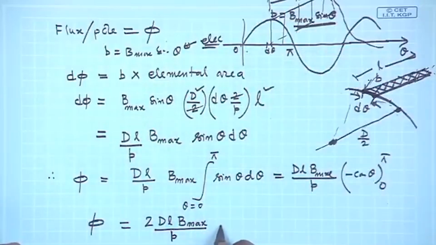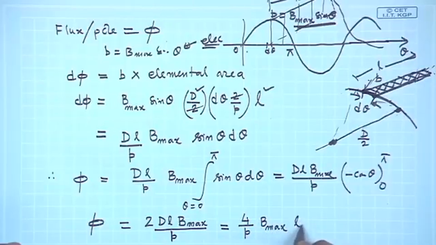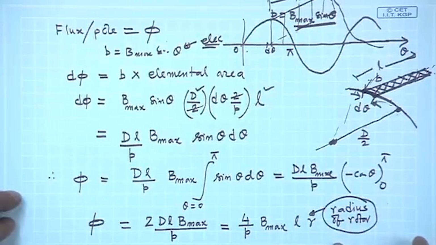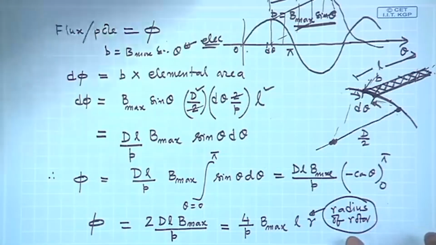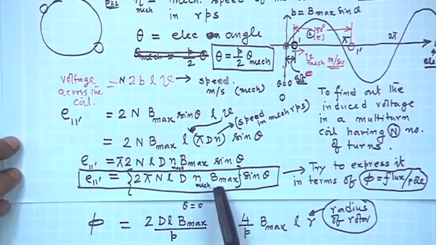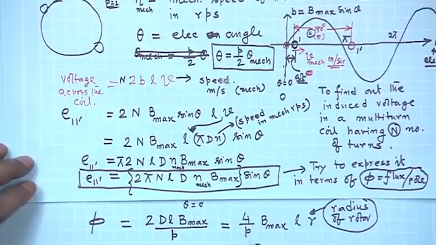And sometimes people also write it like this, 4 by P B max L into R, where R is the radius of the rotor. You can write in either of the ways. Now, the plan is that I will try to get rid of this B max from this.